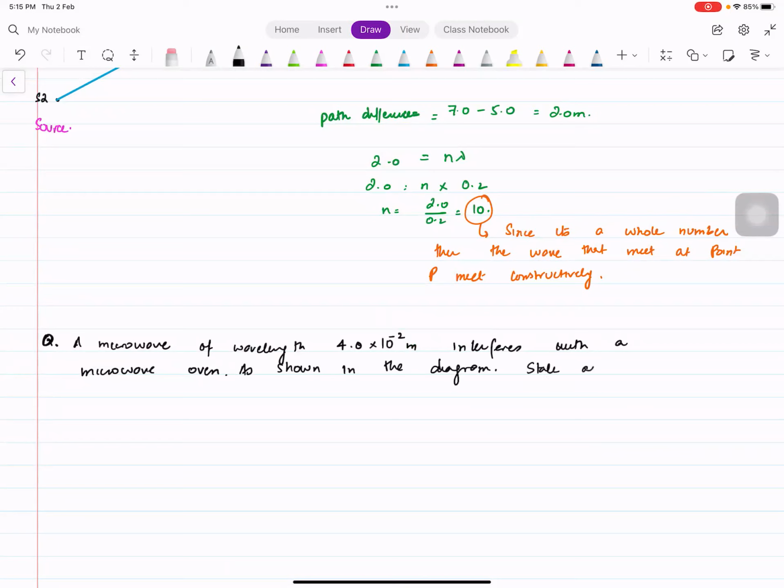State after calculation if they meet constructively.